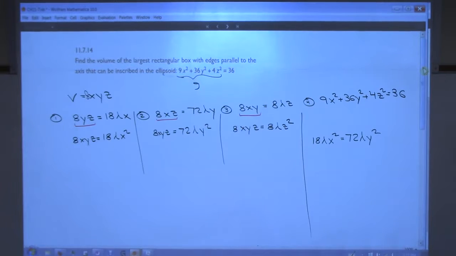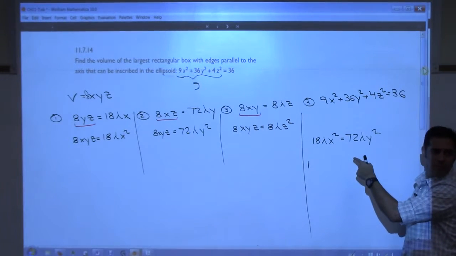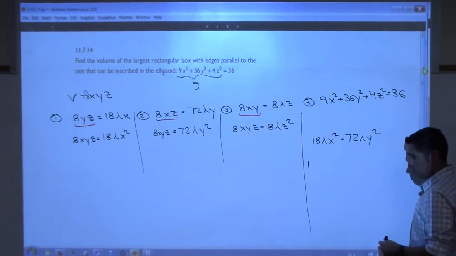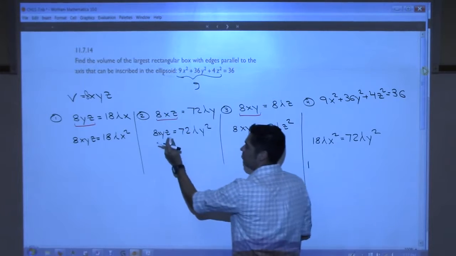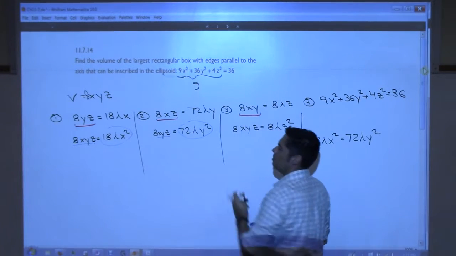How about we move everything to one side? Do y'all know where I got this from? Yes? Everyone okay on that? No? Yes? No? This and this are the same, so I'm setting this equal to this.